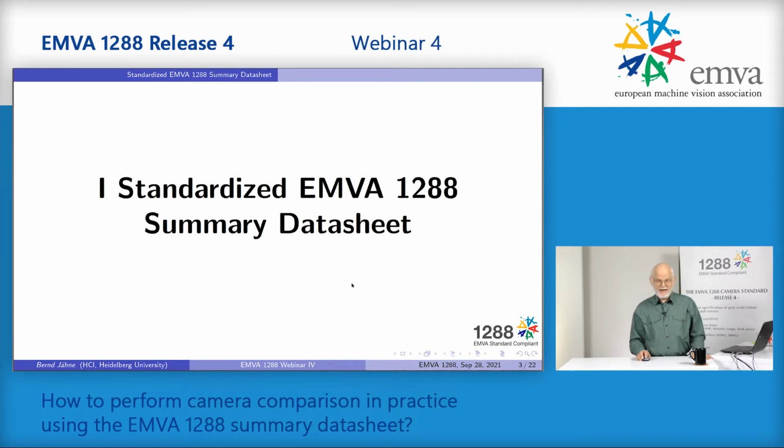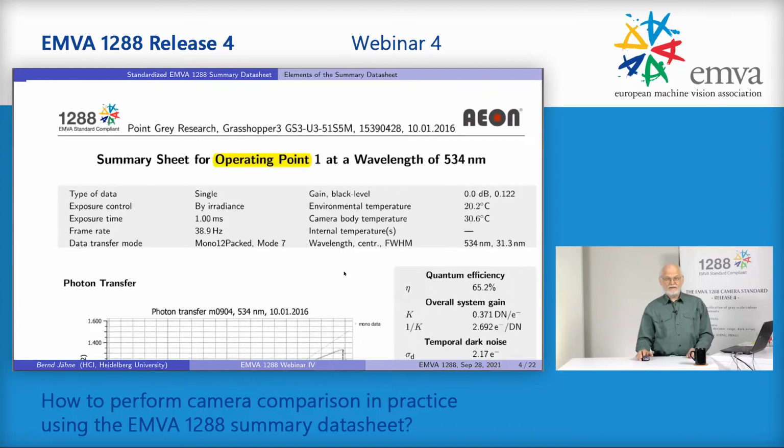So what is on this interesting one-page thing? And since it's a sheet which I cannot put completely on one slide, I will show it to you in pieces. So let's start with the upper part, and there you will see a column which describes the operating point, as we call it.